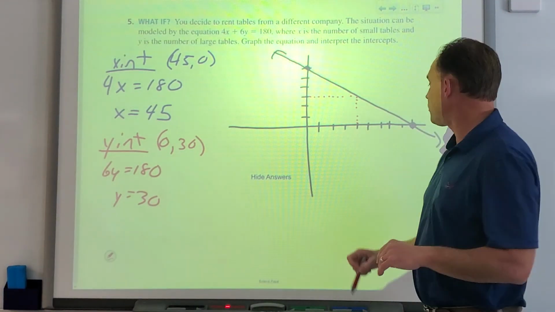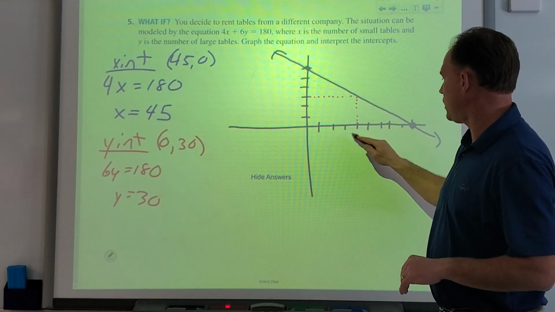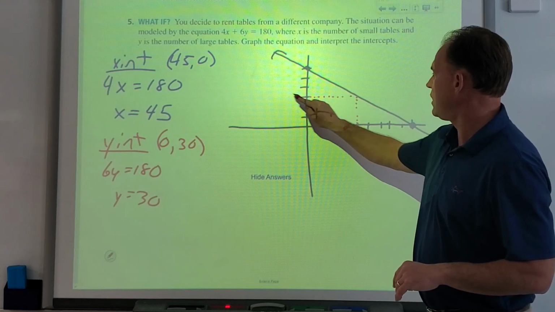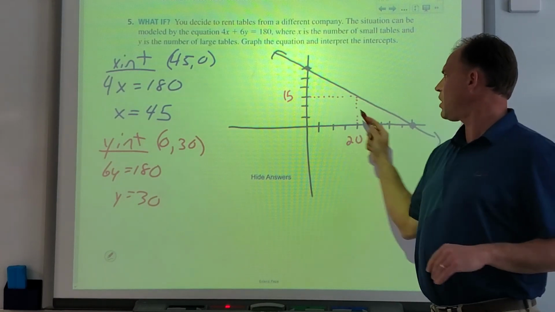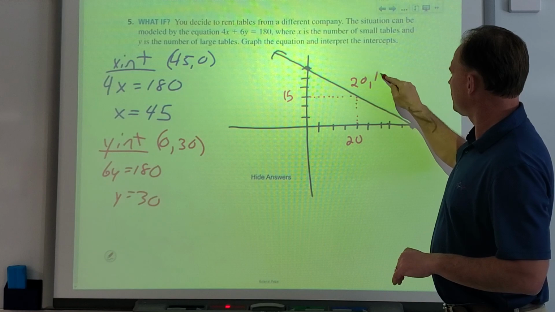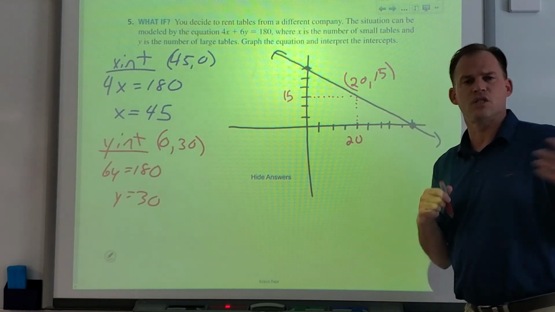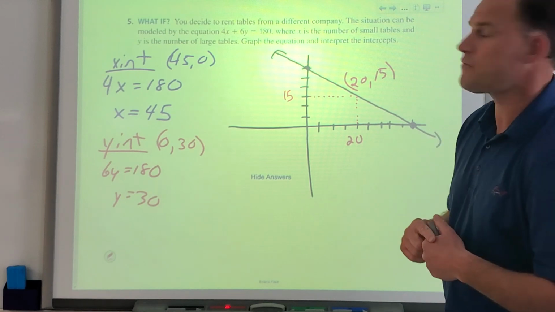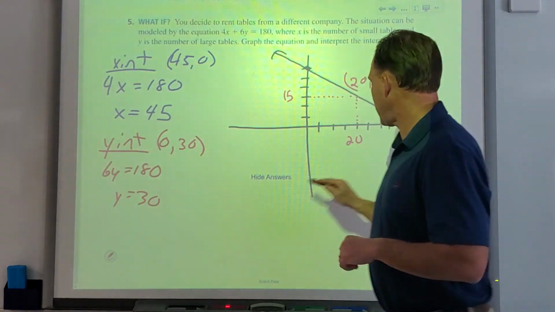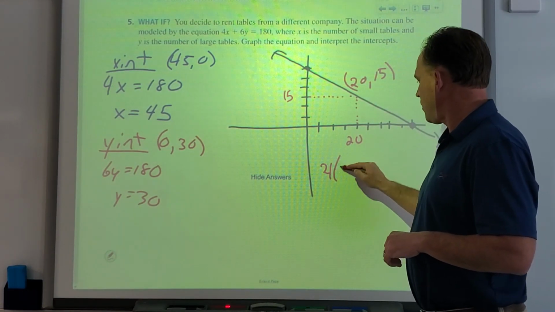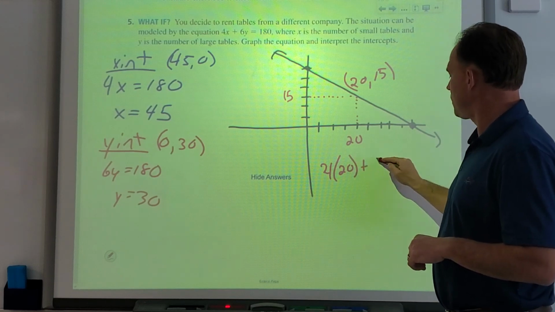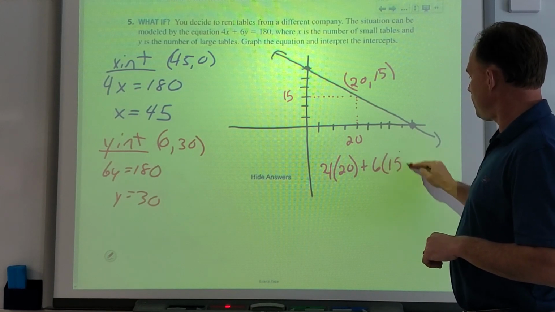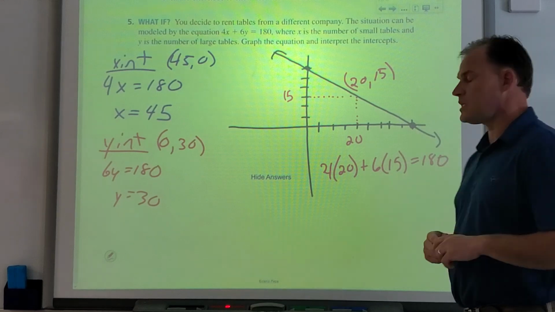I can check algebraically though. 5, 10, 15, 20, and 5, 10, 15. So this is 20 small, 15 large. Algebraically, I can check if that's a solution by going back to my equation, plug 20 in for x, 15 in for y, and see if it works out.